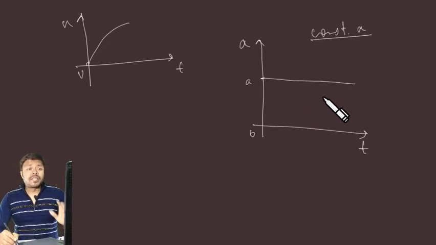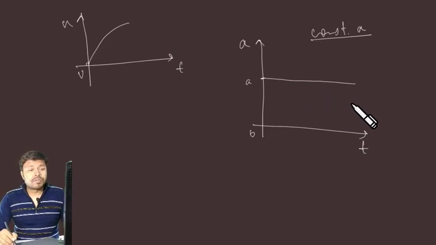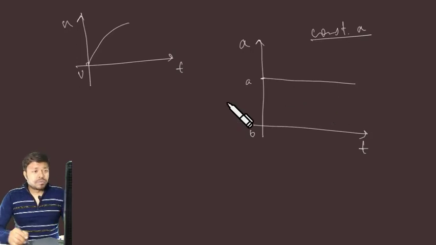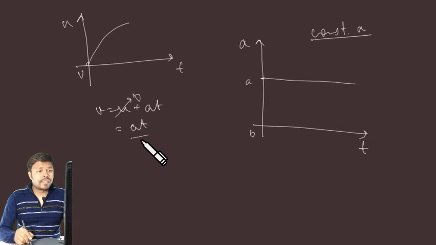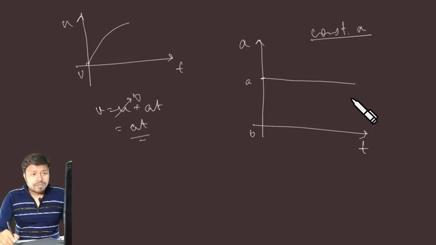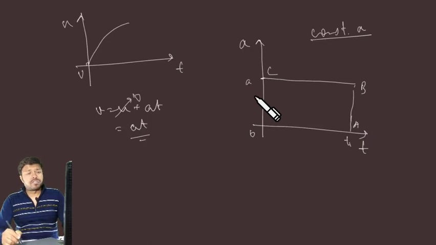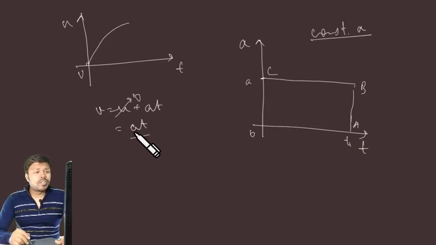Now how can we find the velocity of the body from this graph? We know from the first equation of motion that v equals to u plus at, right? Now when u equals to 0, means the body started from 0, v equals to what? Simply at, right? Now here if the final time is t1, let's say this is t1, O, A, B, C, the acceleration is a, then what is the meaning of at?